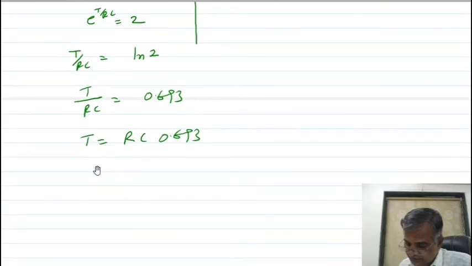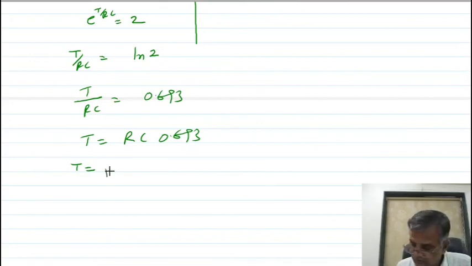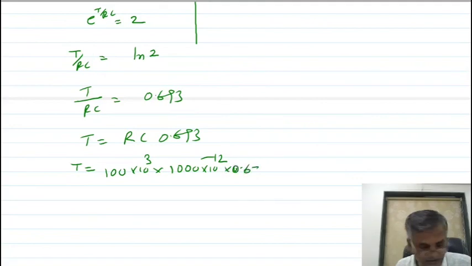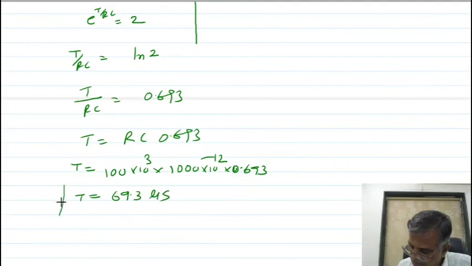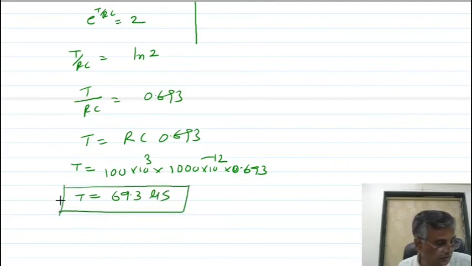R is 100 kilo ohm, C is 1000 pF, multiplied by 0.693. If I calculate this value, it is 69.3 microseconds. This is the periodic time of the sawtooth waveform.